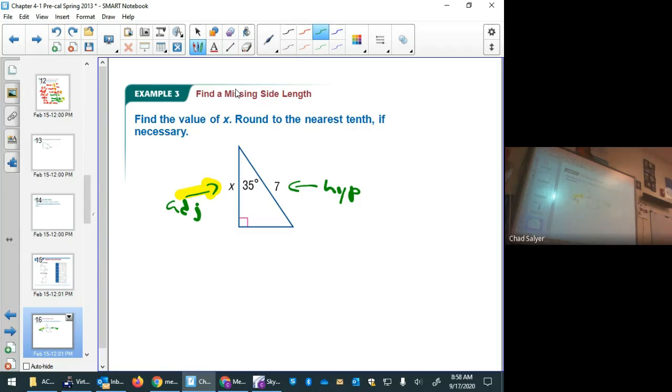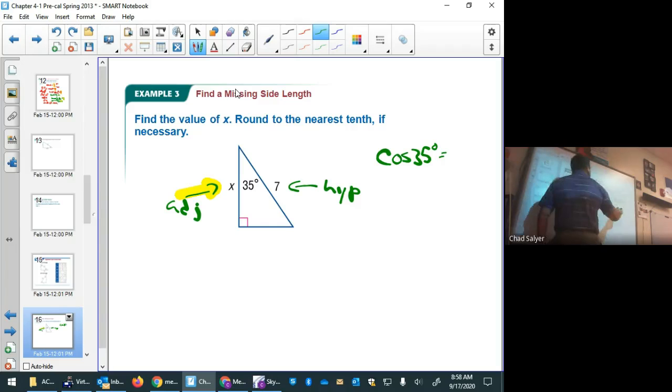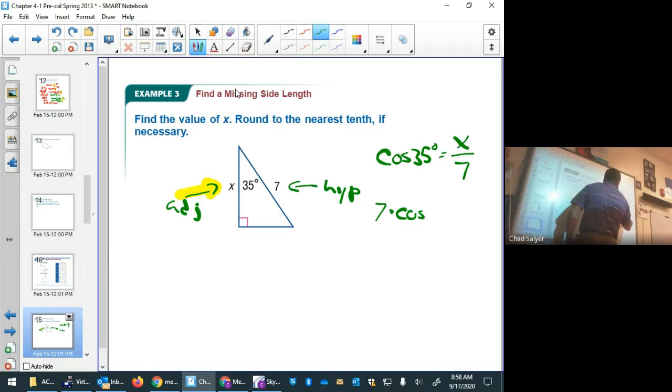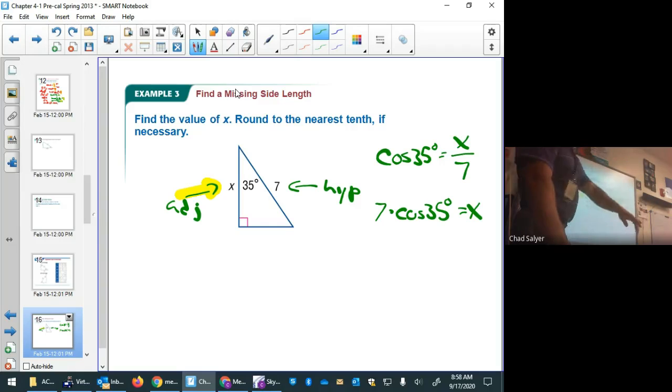So if I were to say the cosine of 35 degrees, do you see how that is x divided by 7? And so if I multiply both sides by 7 here, 7 times the cosine of 35 degrees equals x.